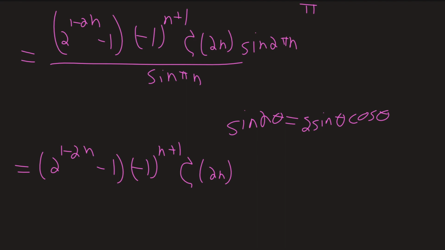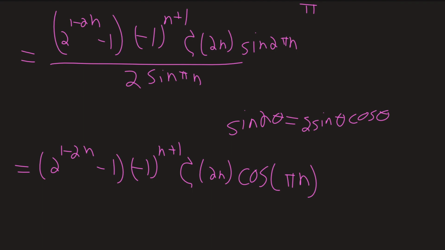And then our signs are just going to cancel because, I do apologize, there's a 2 there. Our signs are actually just going to cancel, leaving us with cosine, and this 2 is going to cancel with that 2. So what we have then is a cosine of pi n right here.